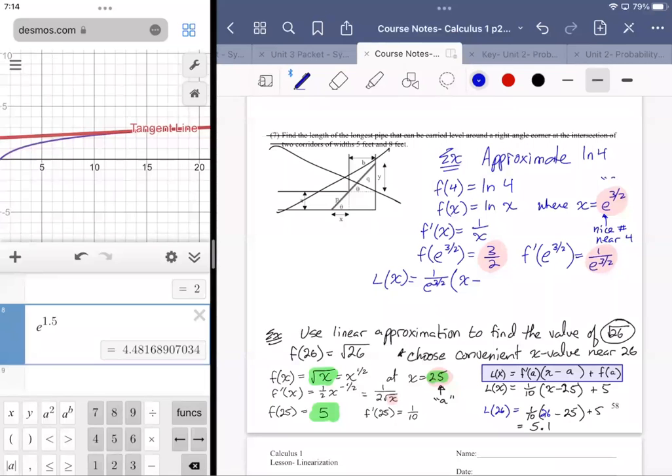We call this a, e to the 3/2, plus 3/2. Now sometimes you're not going to get a clean number. We got 5.1 for the last one, that was pretty nice. You might get an answer in terms of e.